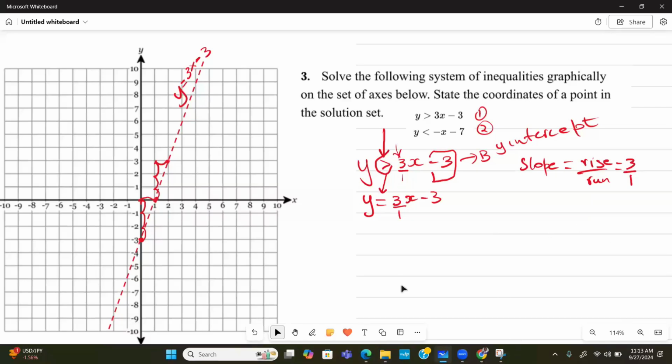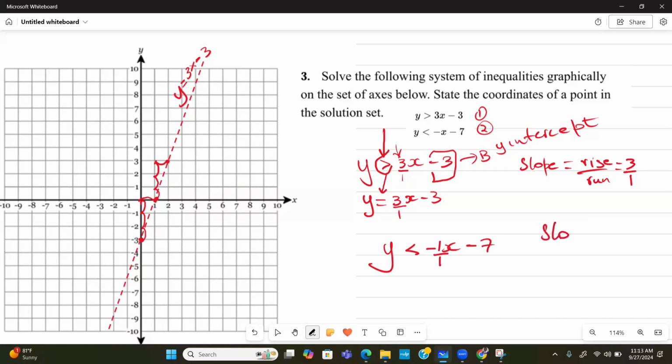Now let us take a look at the other line. Right? So we're going to be looking at the other inequality. So the other inequality, I'm going to write it beneath. It says y is less than negative x minus 7. Negative x really means negative 1 over 1. So that is my slope.